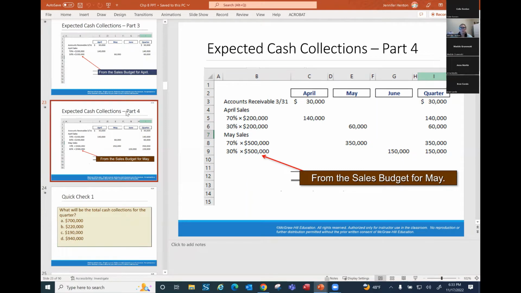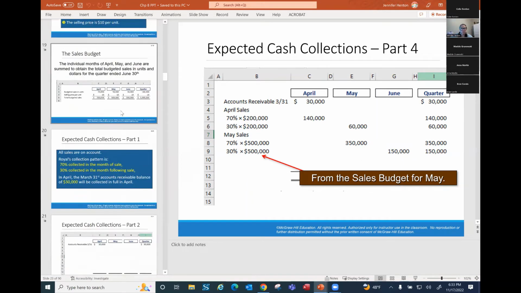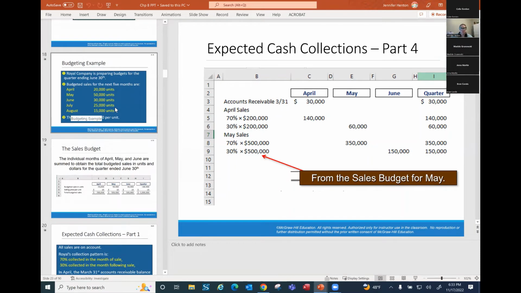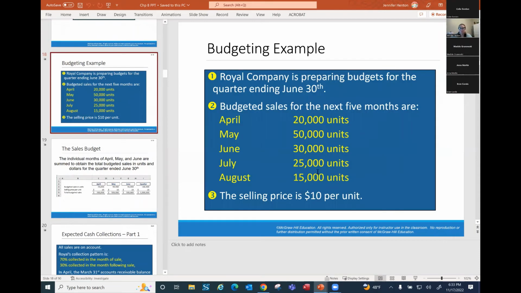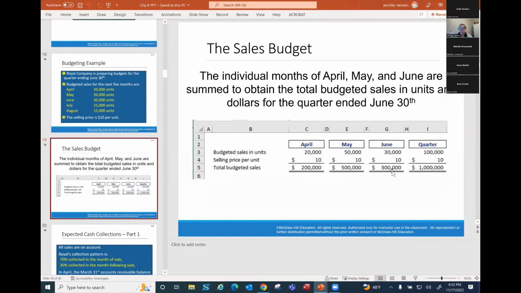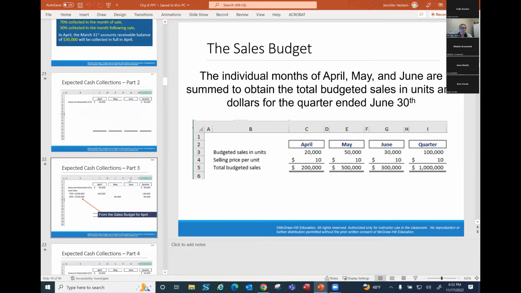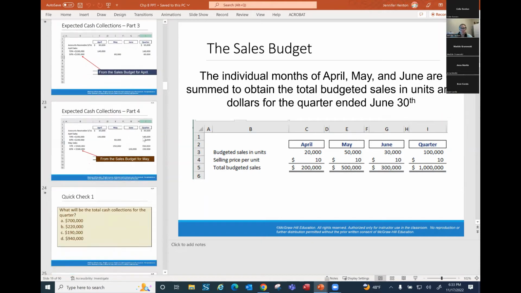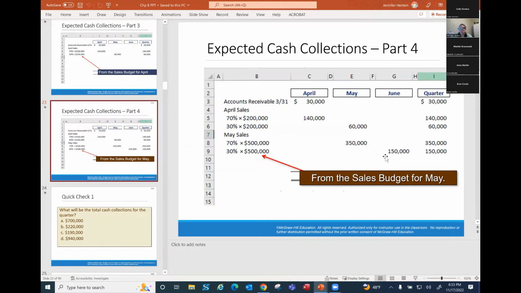So I go back to the information that was given to us. In June, we had 30,000 units at $10 each, so 300,000. And I'm expecting to collect 70% of that in June. So I have to add 210,000 to my total for June.